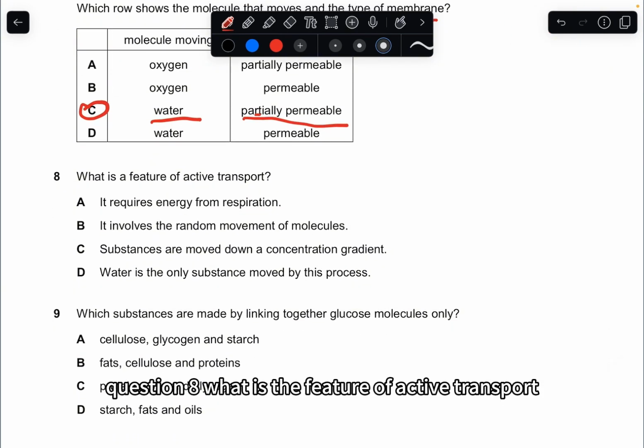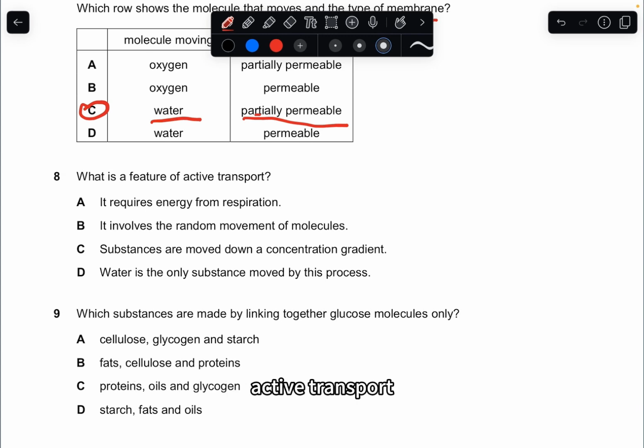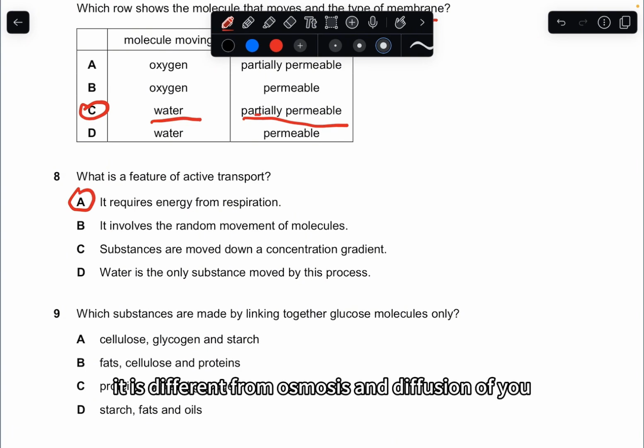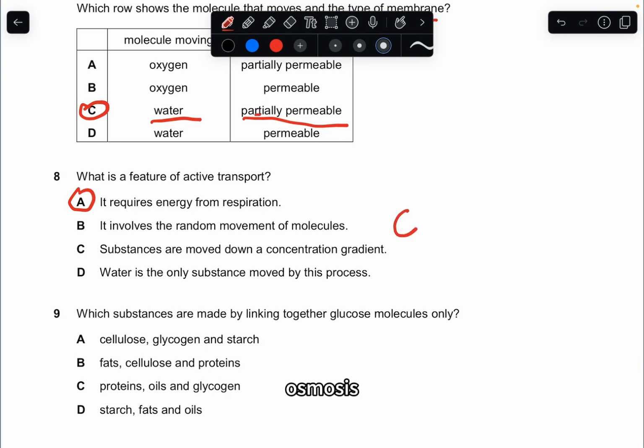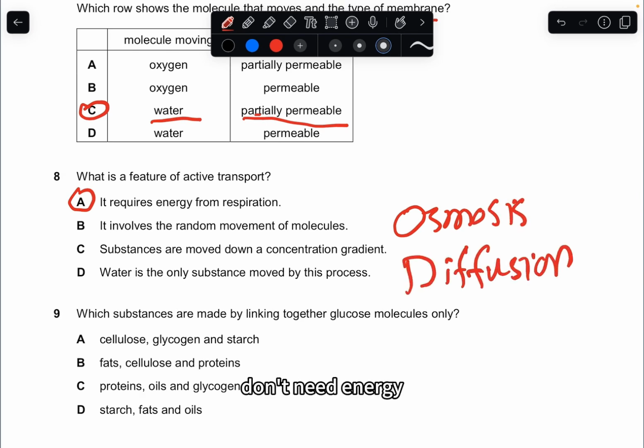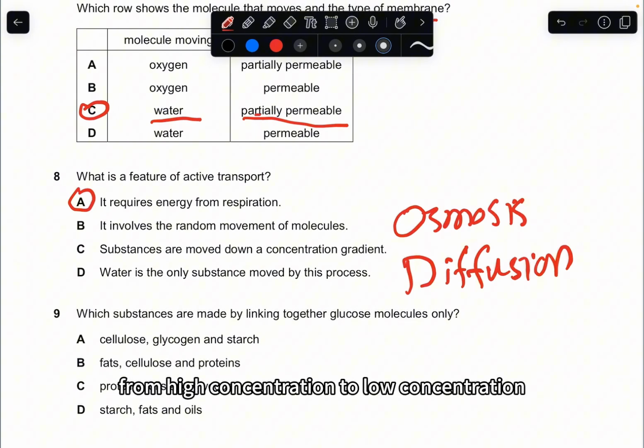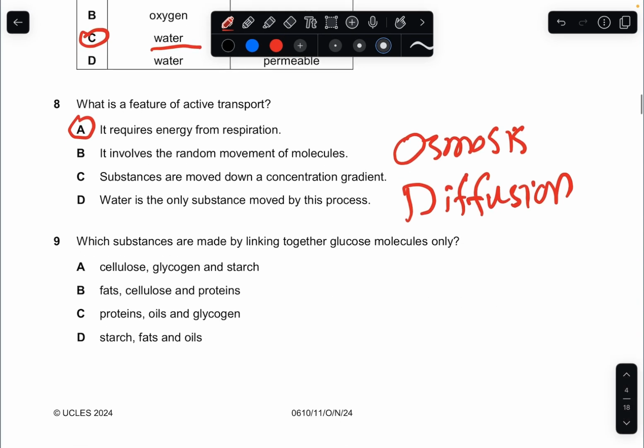What is the feature of active transport? Active transport requires energy. It is different from osmosis and diffusion. Osmosis and diffusion don't need energy. The movement of molecules from high concentration to low concentration.